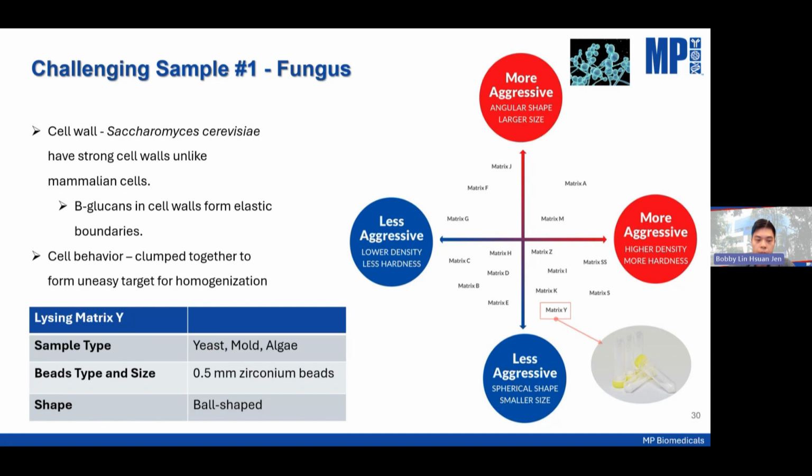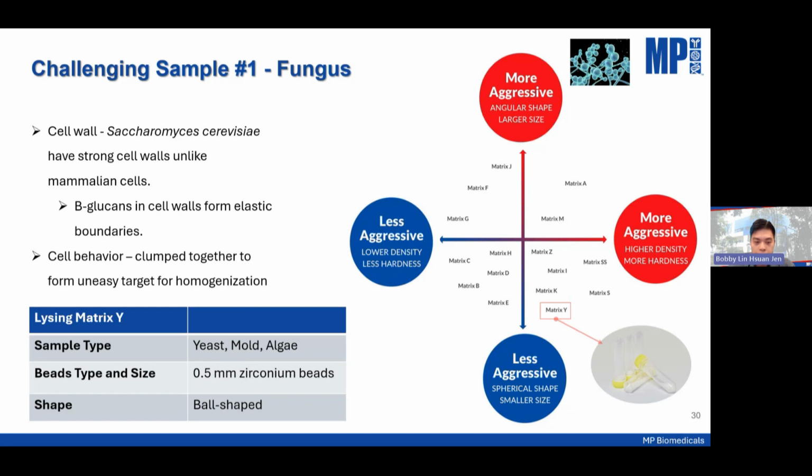And also, the cell behavior itself, like many other cells, they tend to clump together when you observe them, and the clumping causes uneasiness in targeting for homogenization. So here we've given an example of using the typical Lysing Matrix Y, which is very suitable for either yeast, mold, or algae, so essentially the fungus family.